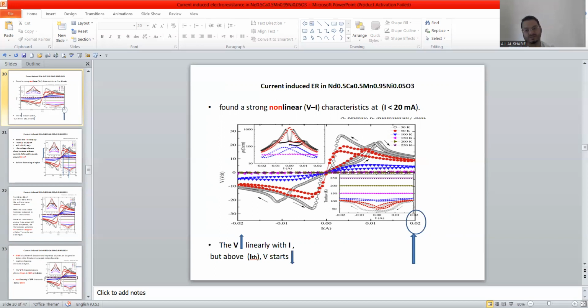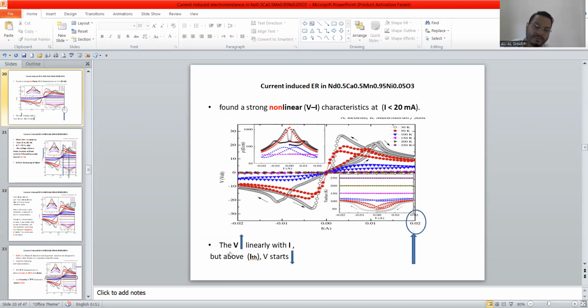And we know something: when we continuously increase the current, this non-linearity will be weaker and weaker, to become something like a line. From non-linearity behavior it converts to linearity behavior.